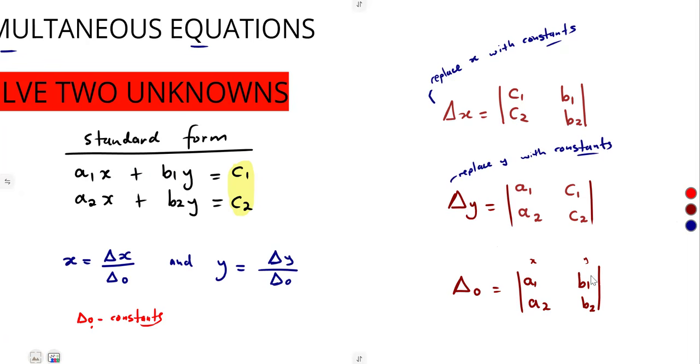If there's a minus, you must consider the sign that is affecting the coefficient of Y. The coefficient of X, you take with the sign. If there is a negative, you take it with a negative.